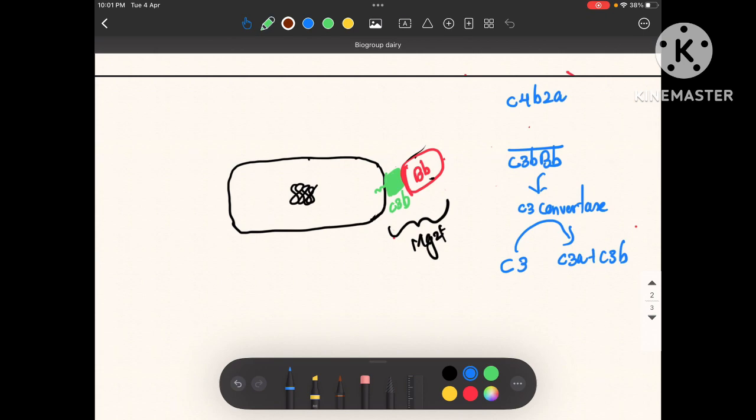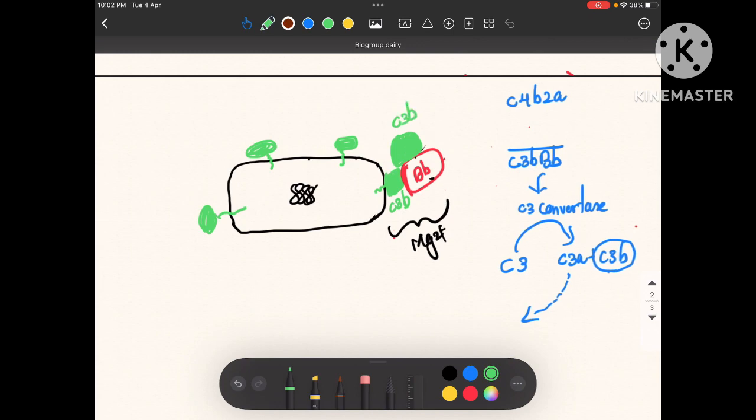C3a has an inflammatory role and diffuses away, whereas the generated C3b binds to the surface of the bacterial cell. So many C3b get inserted into the surface of the bacterial cells, and some of the C3b again form a complex with the existing C3 convertase.